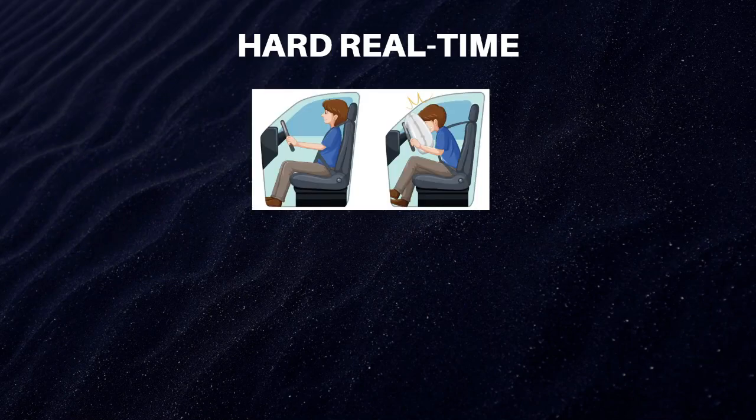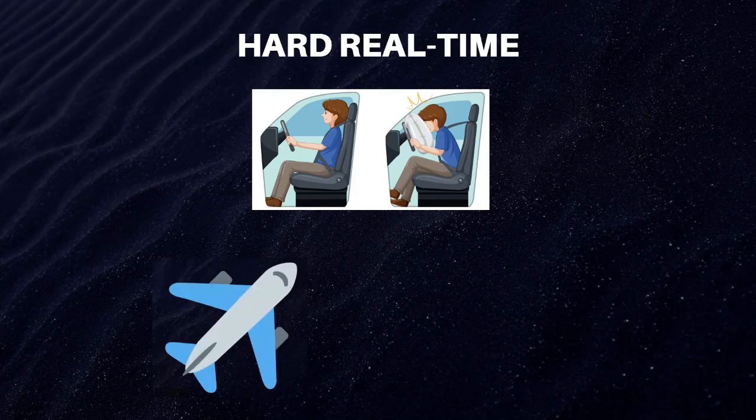A car airbag opening system is a classical example. In case of an accident, the car airbag must open within a few milliseconds. If it fails to open within the time frame, then the system is considered a failure and there could be a loss of life of a person. Similarly, air traffic control systems must react to real-time data and make decisions about flight paths and landing sequences.